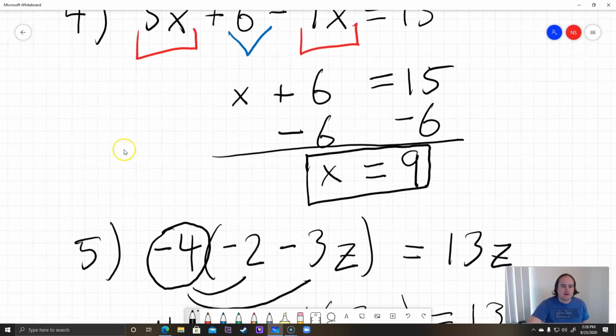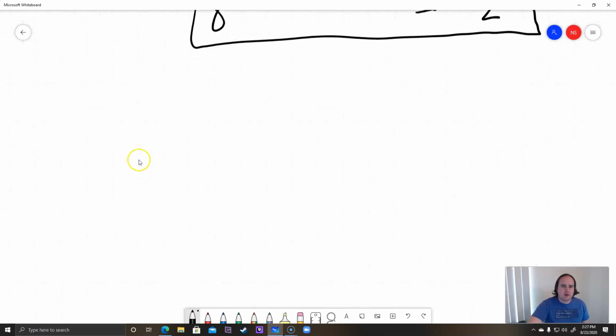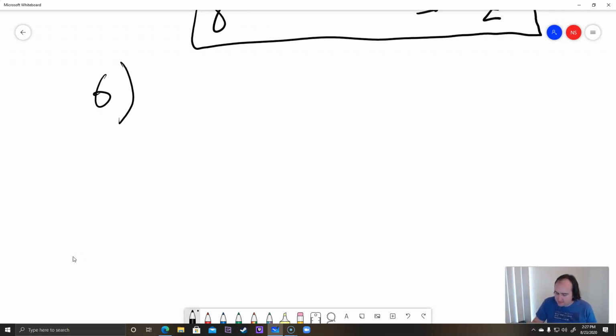We've seen a lot of different examples here, so I wanted to just do one more example from this section. Example number 6. This one is going to be sort of everything that we've learned all combined together from this section.